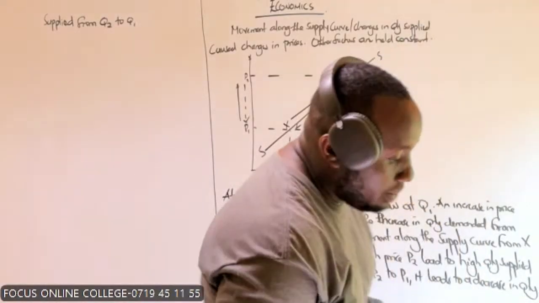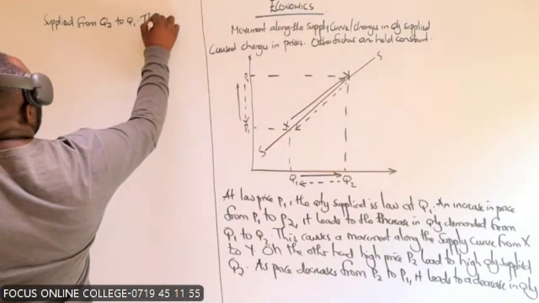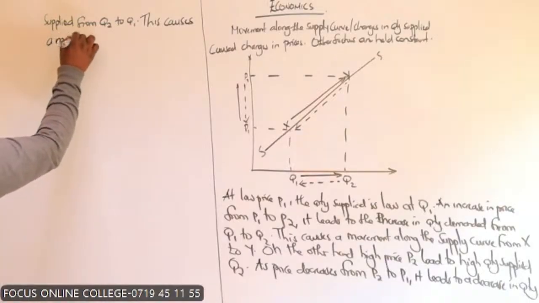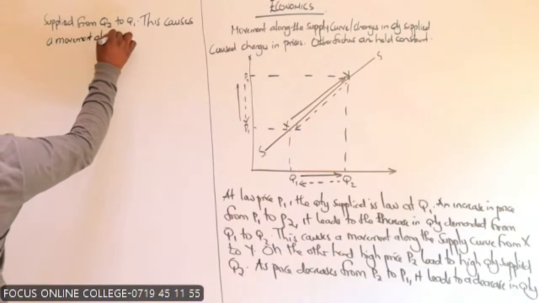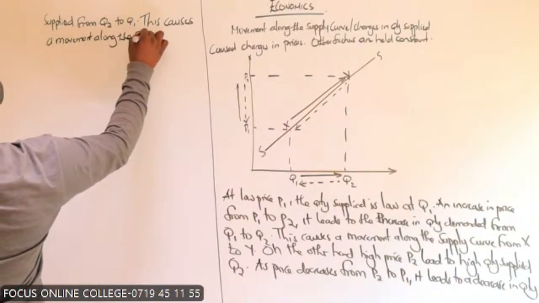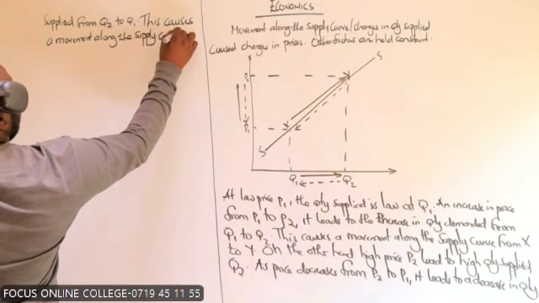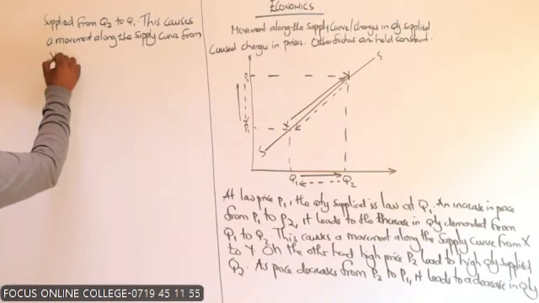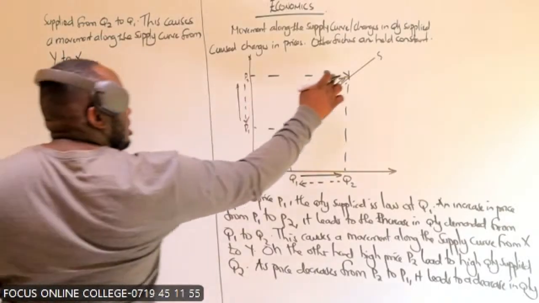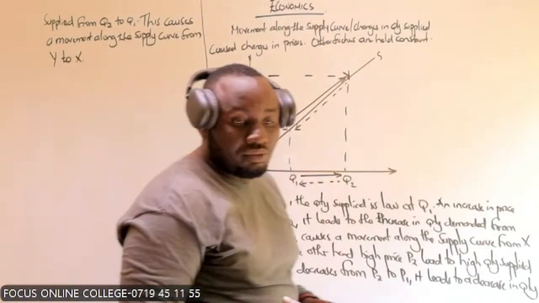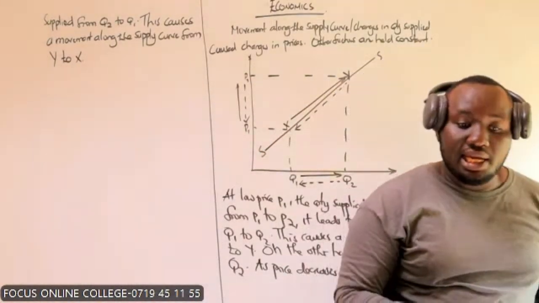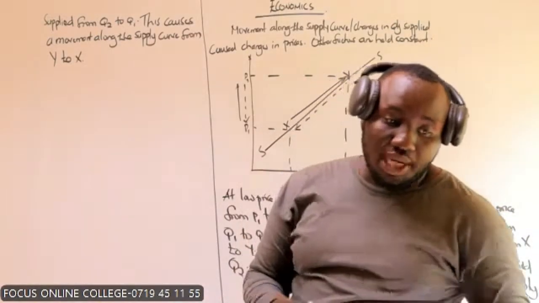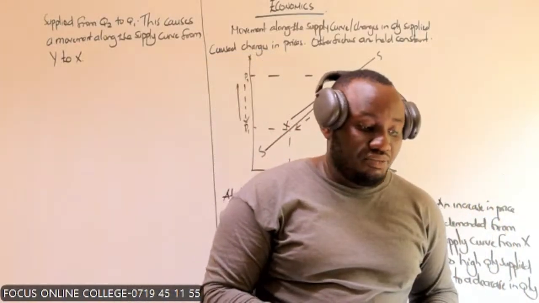This causes what we call a movement along the supply curve, from Y to X. It causes a movement along the supply curve from Y to X.